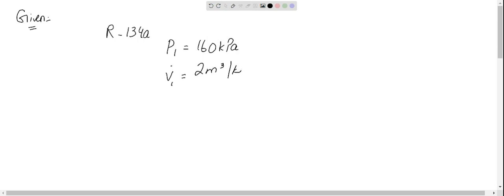The given data of this question is: there is saturated refrigerant R134A vapor at 160 kilopascal. That means pressure P1 is given, that is 160 kilopascal, at the rate of 2 cubic meter per minute, so that the V1 dot is given, that is 2 cubic meter per minute.